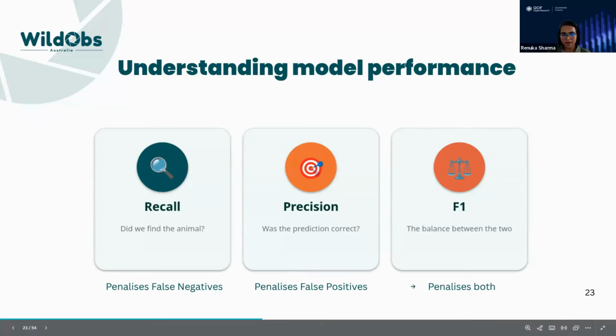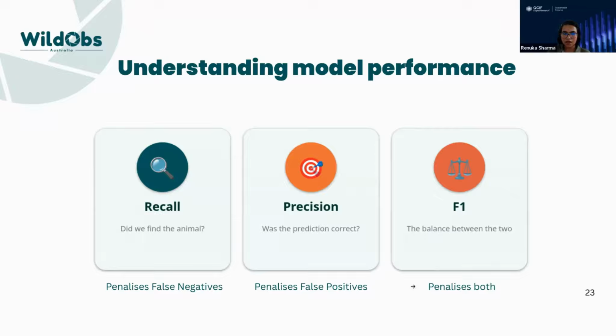F1 score is a balance between recall and precision, and it penalizes both false negatives and false positives. And if you are unsure which metric to go for, F1 score is the best one, and also it works best for imbalanced datasets in case you're not able to achieve 200 images each or 1,000 images each for every species.